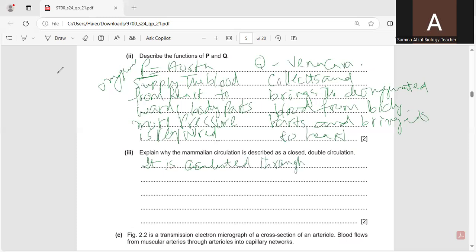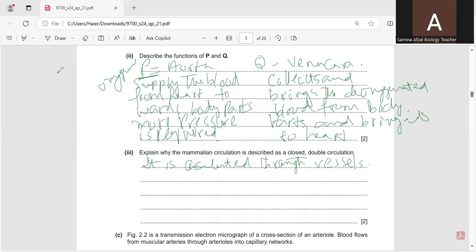So it is not flowing in the body without vessels. It circulates through blood vessels, three different types of vessels. So that is why it is called closed double circulation. In double circulation, the blood passes through the heart twice, once in the form of oxygenated blood, the other in the form of deoxygenated blood.